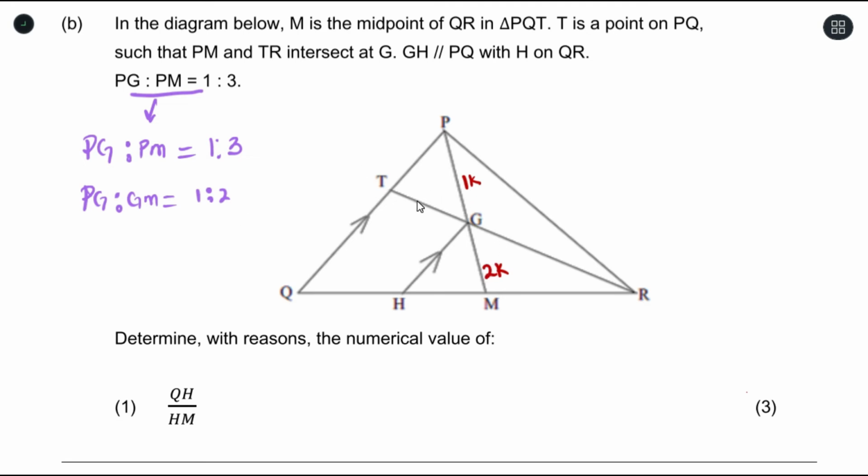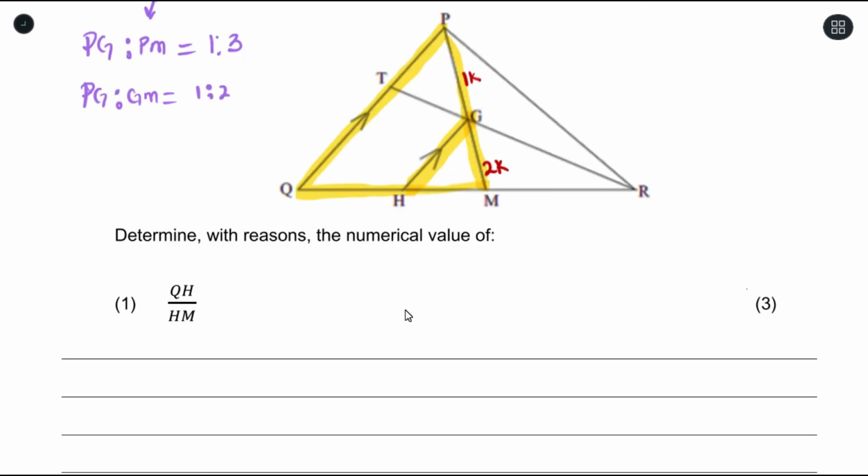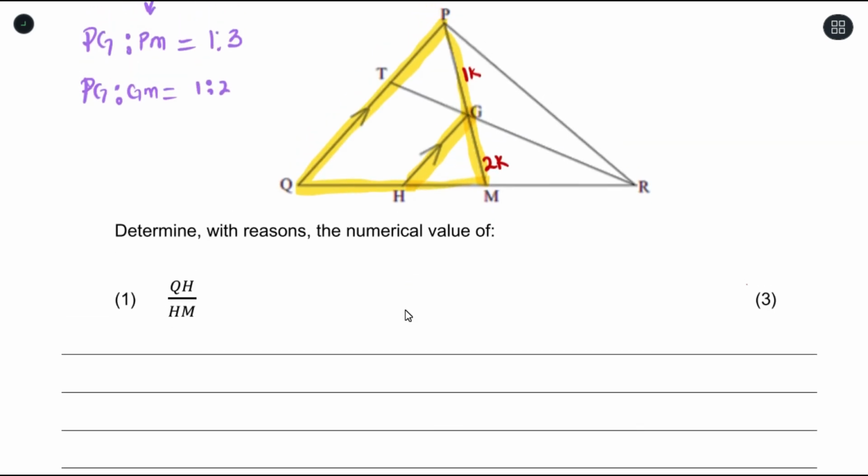Now I'm using variables next to my numbers because that's not the actual value, just the ratio of those two sides. Okay. Now the question is asking us QH and HM, so we're looking at QH and HM, and we just found out PG and GM. So the triangle we're actually focusing on is this one over here. Since this triangle has parallel lines, we would know that we have to use the proportionality theorem.